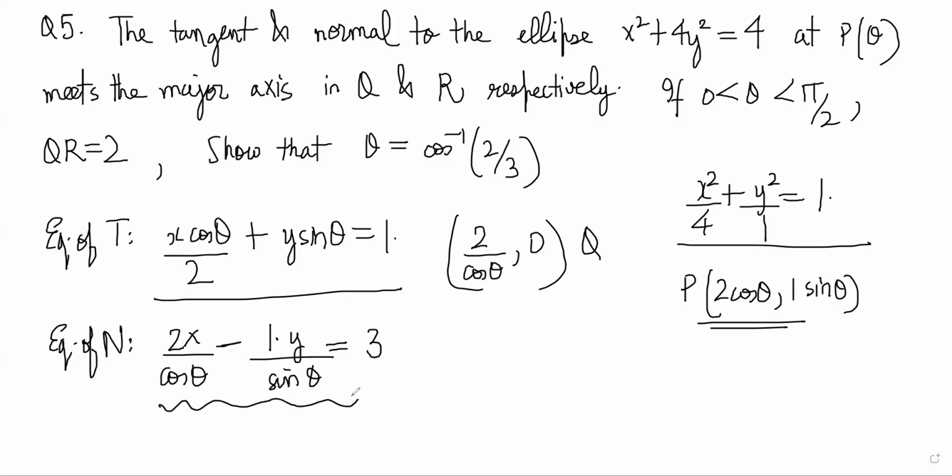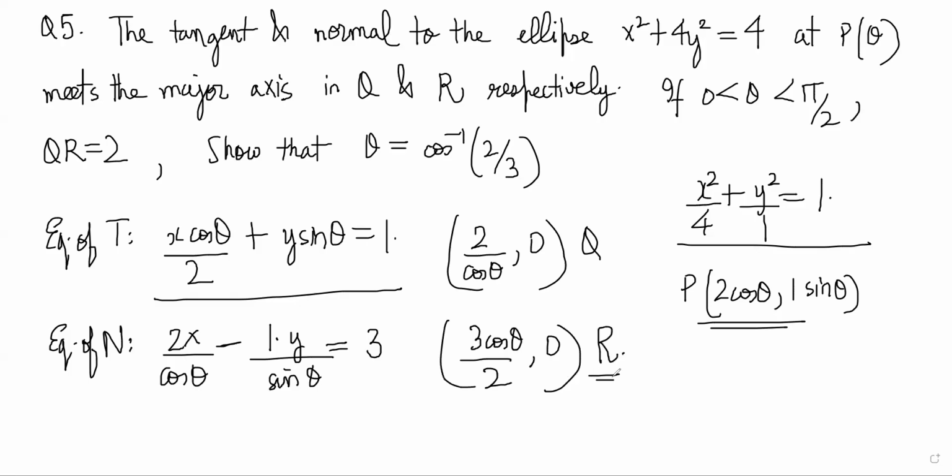And this line will meet the major axis when y is equal to 0. So x will be... No, not cos theta by 2. Y is equal to 0. If you put, you get 3 cos theta by 2. So it is (3 cos theta by 2, 0). Right? This is my R.